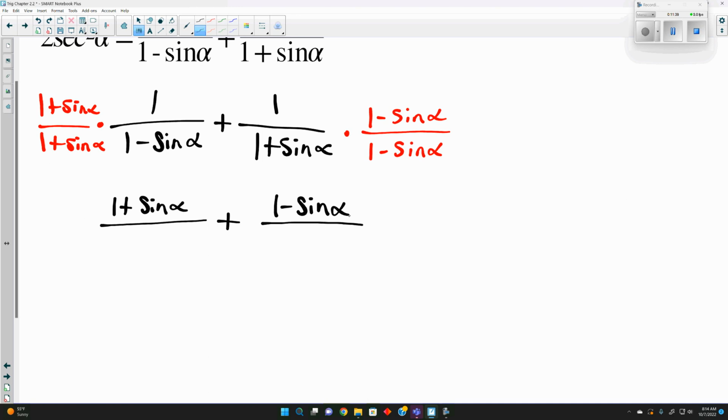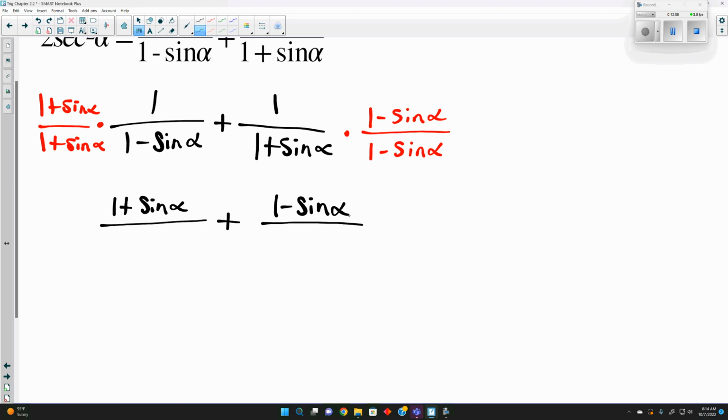The denominators are actually quite nice as well. Does anybody know what they would multiply to be? Well, we have 2 of the same things, yes? Because we have 1 and 1 match up, same spot, sine and sine match up. The only thing is the signs are different, yes? When we factored a squared minus b squared, we got what? A plus b times a minus b, yes? So it's really the first term squared minus the second term squared.